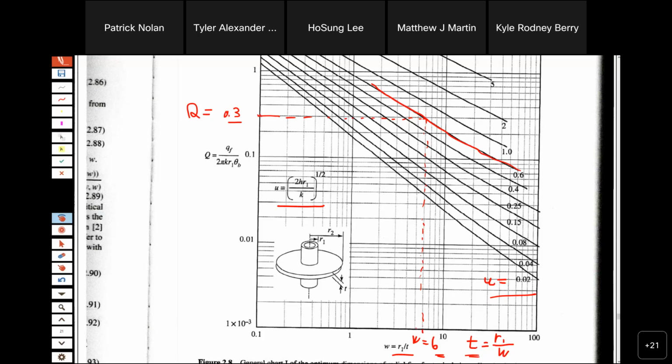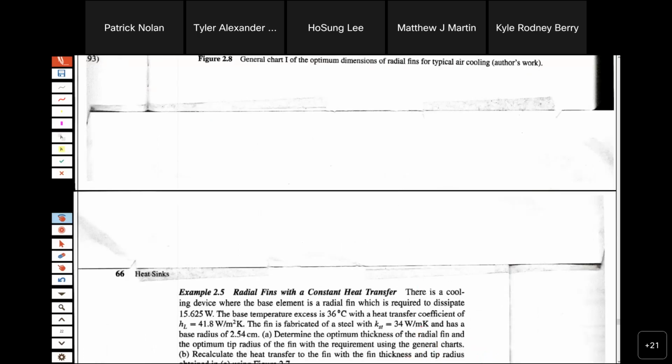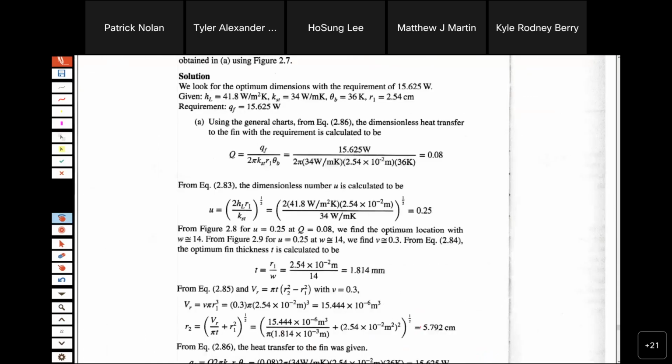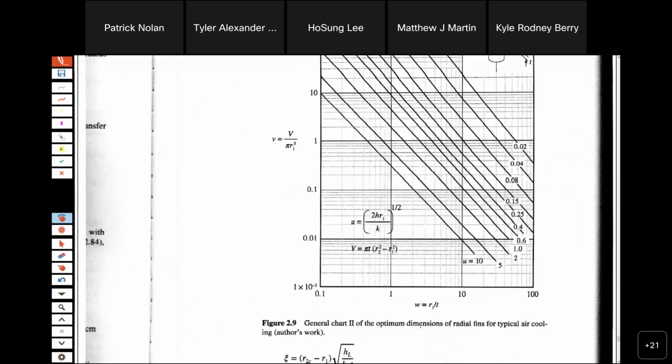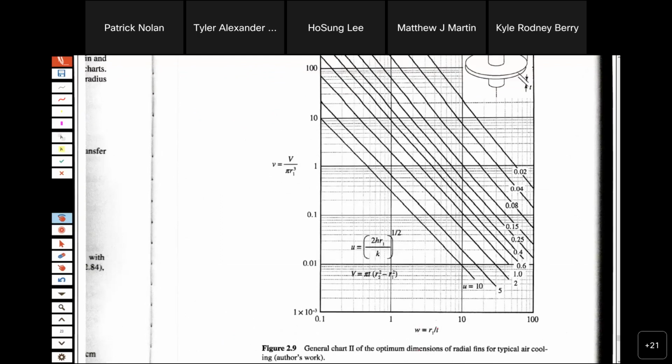Then there's another curve. I said that we know the W. Then I said the 0.6, if it is 0.6, everything is optimum, but now what was W?